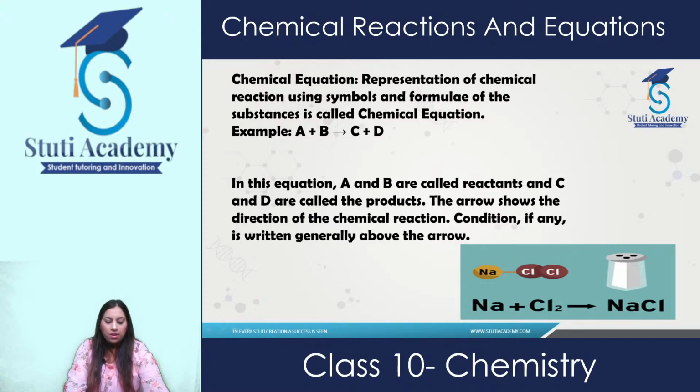When this chemical reaction takes place, it results in the formation of a product. So here A and B represent reactants and C and D represent the products. And this chemical reaction is represented by this NaCl.